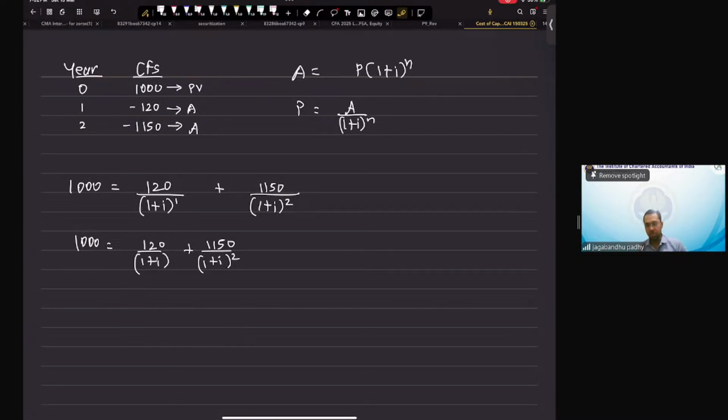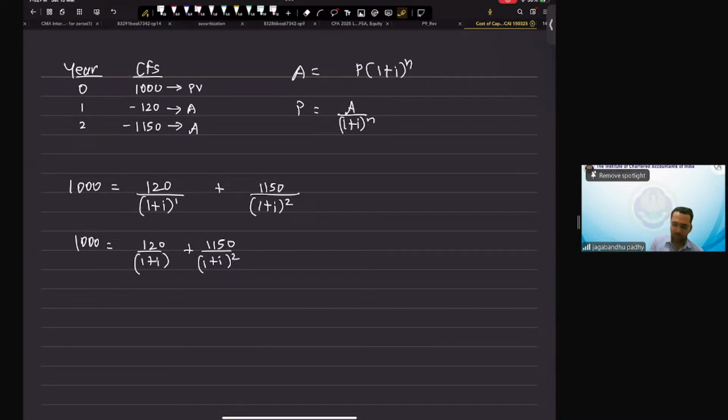Now, suppose you use your mathematical skills and try to solve it using the quadratic root formula, which is minus b plus or minus root of b square minus 4ac upon 2a, right?